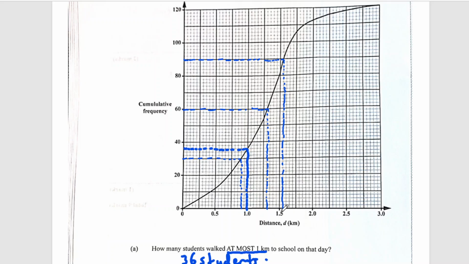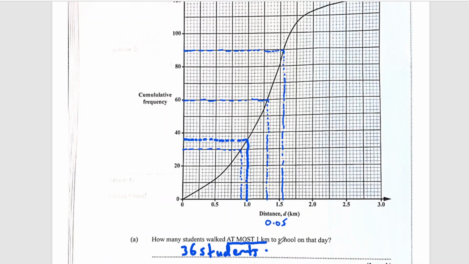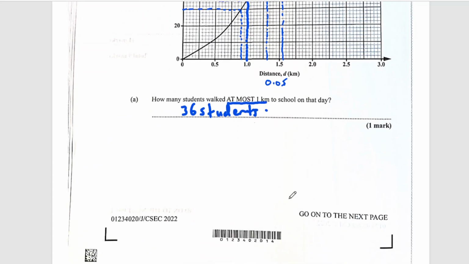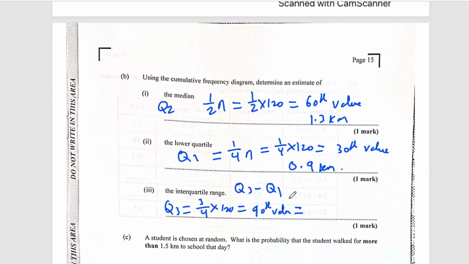This is 1.5. And remember, each of these small blocks, I can write that down, is 0.05, right? So this is hitting the first block. So that is 1.5 plus 0.05. So that is 1.55. They give a little difficult scale on this one. Alright, so that is 1.55. So Q3 is 1.55 kilometers.